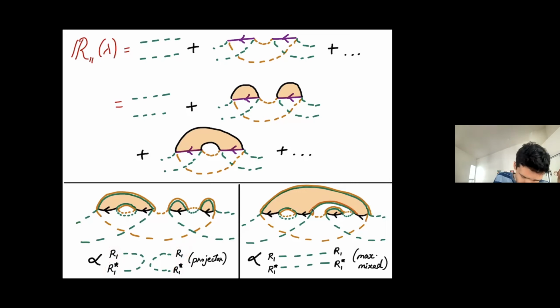And so what we see is that this thing is just proportional to a state. It's a state which projects the index on R1 to be the same as the index on R1 star. So it's just an entangled state between R1 and R1 star, and the density matrix is pure. That's the interpretation of this kind of diagram.